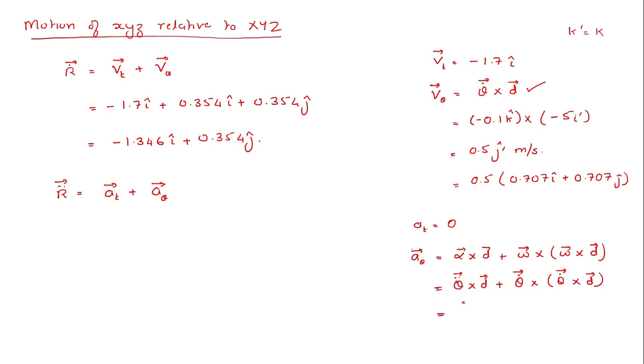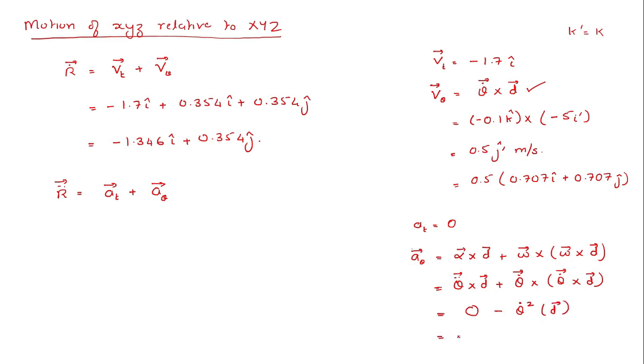Now theta double dot will be equal to 0. So as such, this entire term will become 0. Now since this is a case of planar motion, I can write this as minus the magnitude of theta dot square multiplied by the d vector.